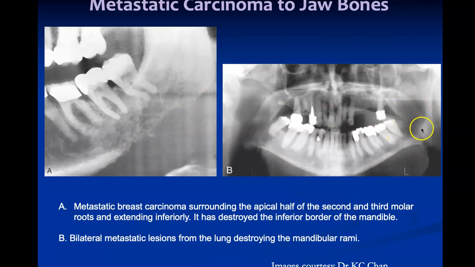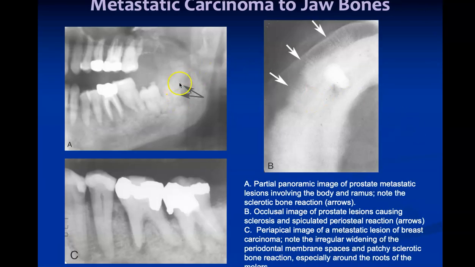Here you can see on both the right and the left, the rami have basically been destroyed by the tumor, so that there's very little bone left. It looks like there might even be a pathologic fracture there. Sometimes some of these metastatic lesions will actually produce opacity, and sometimes it's a reaction to the surrounding bone, and sometimes it's because they are desmoplastic and have a lot of collagen within them, and the collagen becomes so dense it actually forms opacities.